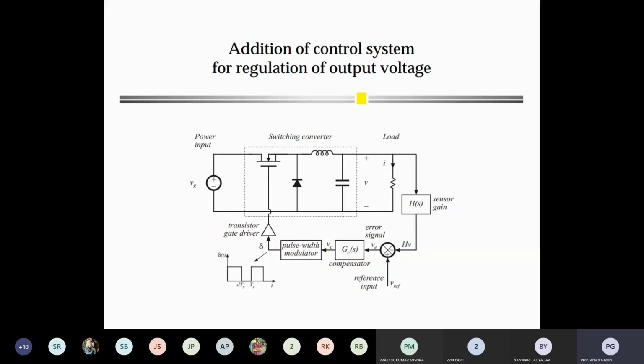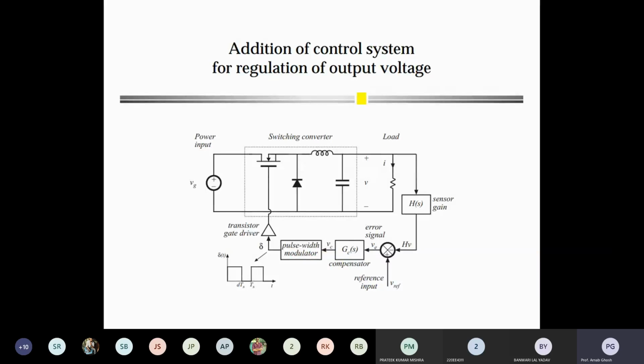That means delta V0 by V0 into 1 by delta Vin, into 100% per input voltage. Here delta V0 means a very small change of your output voltage.